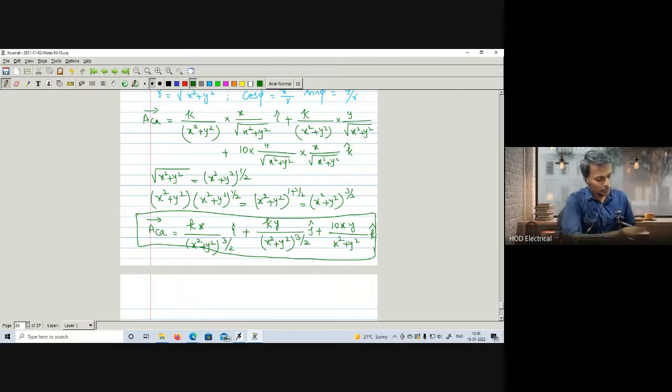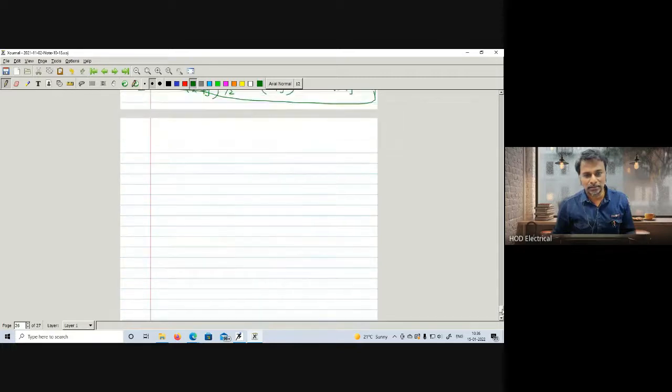Then we can go with another problem related to the spherical coordinate, how to convert Cartesian to spherical and spherical to Cartesian. Let me use separate colors for a little more clear visibility. So this is the third problem.